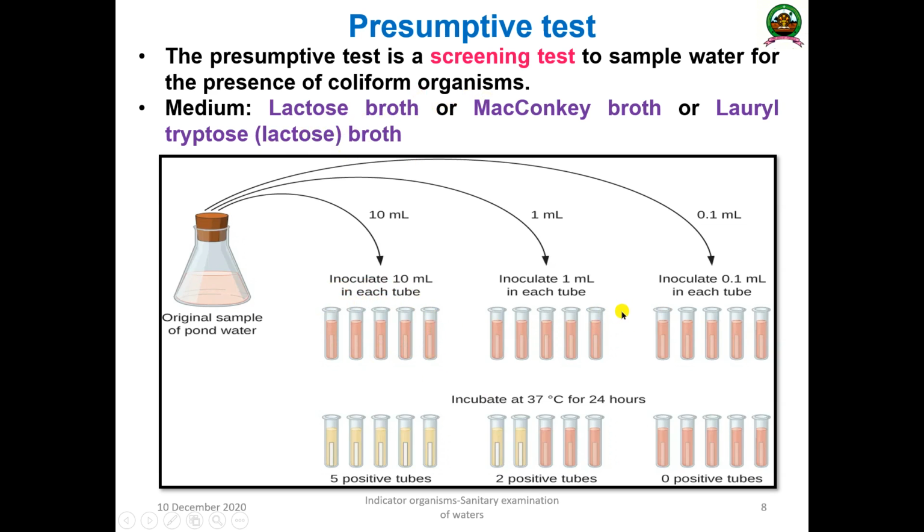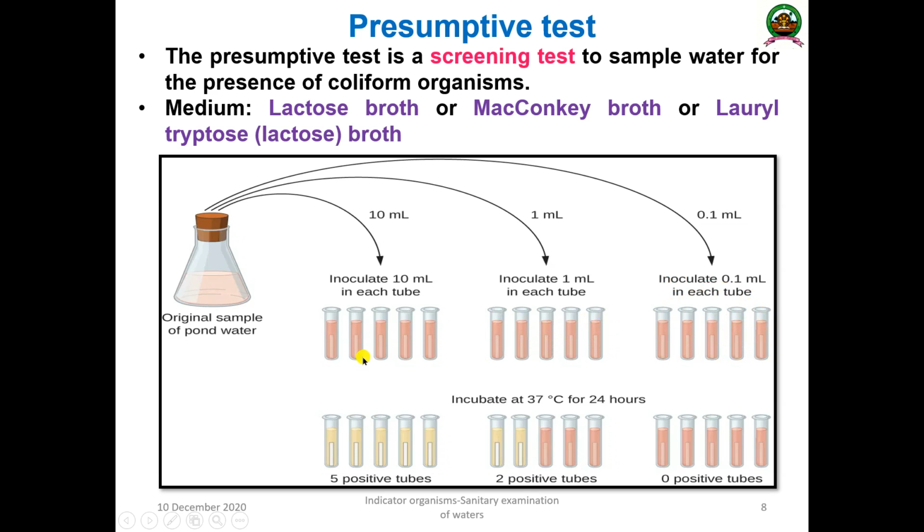Next one, here you have to take again lactose broth, but that is not 10 ml, it is 9 ml. You have to take 9 ml into all the 5 tubes. The third set of 5 tubes you have to take 9.9 ml medium.